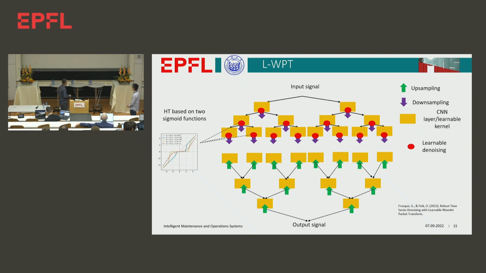OK, and so the idea here is that maybe the signal has some specificities, and then we will learn the kernel of this filter to have a better representation of the signals that will maybe be more sparse, and then it will be easier to remove the noise thanks to the learnable denoising.